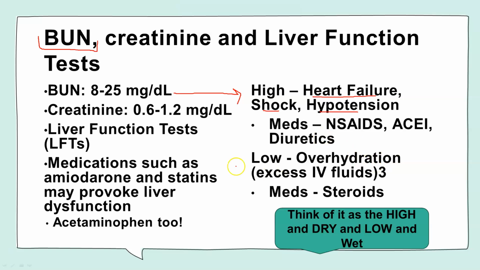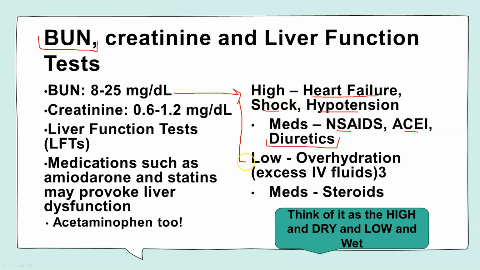So it's high and dry. There are certain medications, such as NSAIDs and ACE inhibitors, but the biggest offender is probably your diuretics, especially since we give the loop diuretics. Furosemide is the one that we'll really give a lot of because it's geared more towards clients that have renal insufficiencies or renal injuries to help take fluid off.